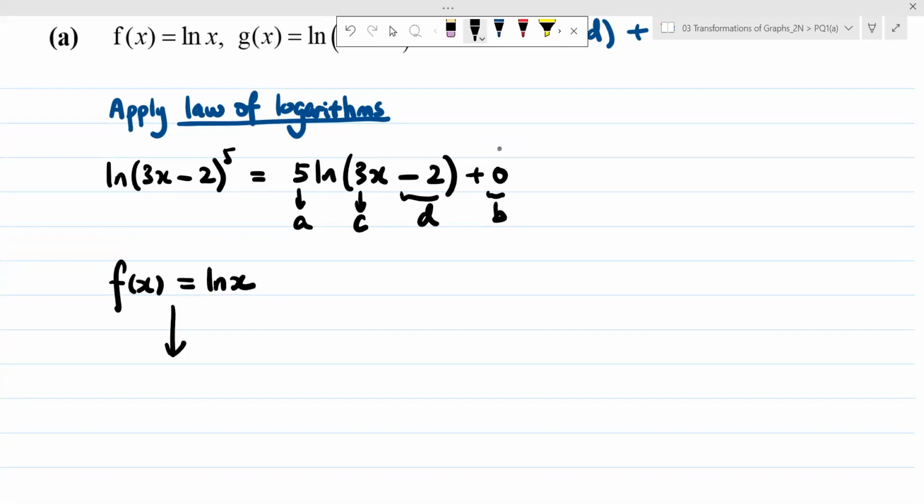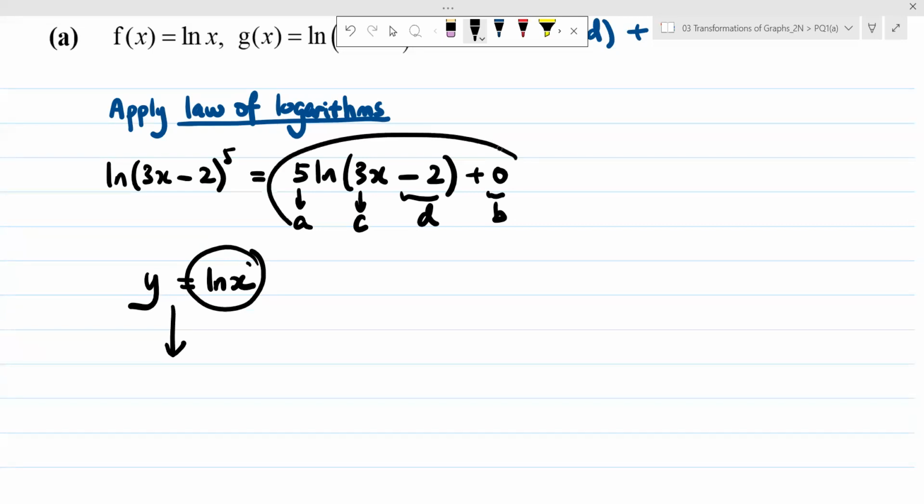Okay, what is the first thing we should do? This is my starting location. This is my destination.